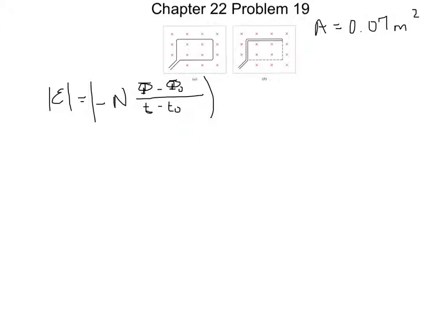They also gave you the magnitude of the magnetic field, B, which is 0.65 Tesla. They give you the time, 0.18 seconds. And lastly, they give you N, the number of loops, and that is one loop.